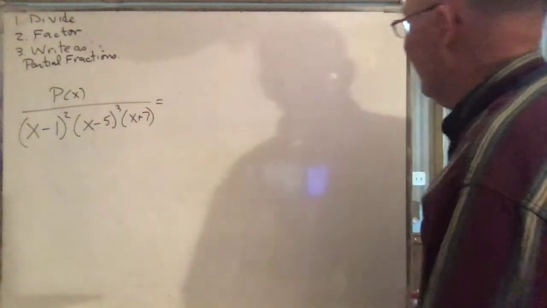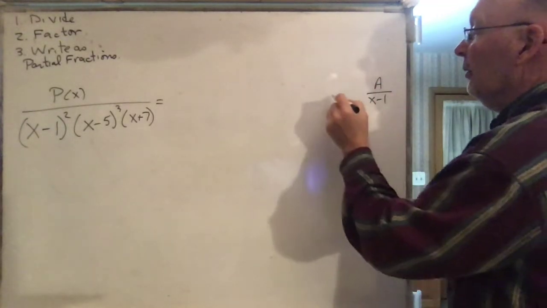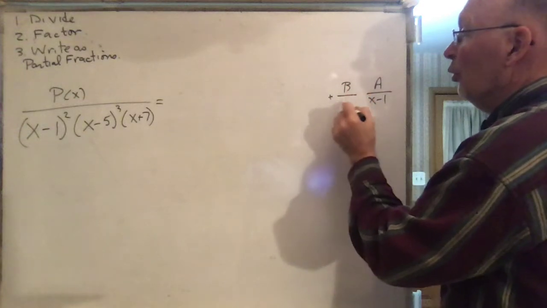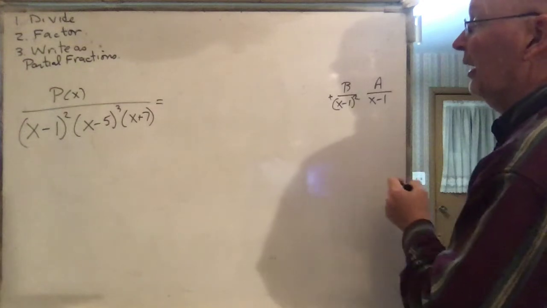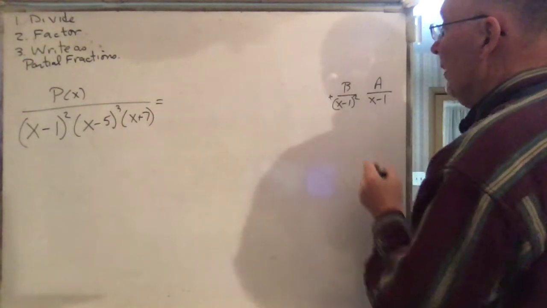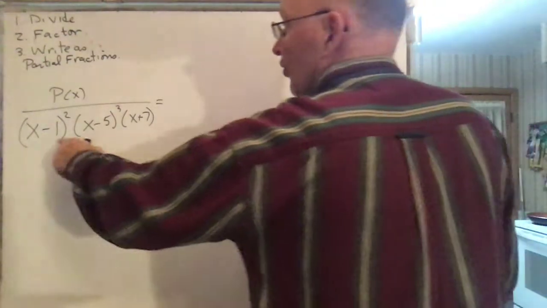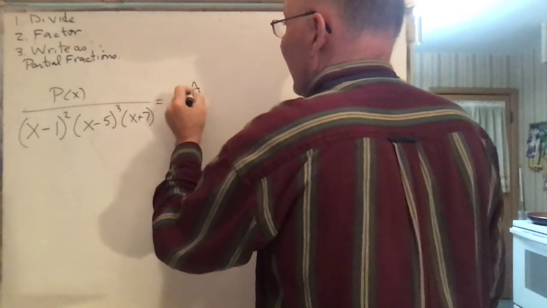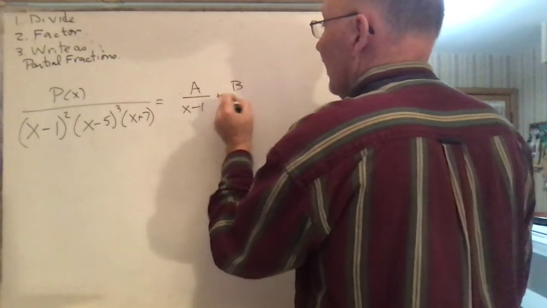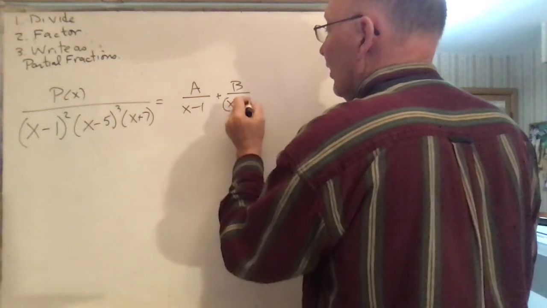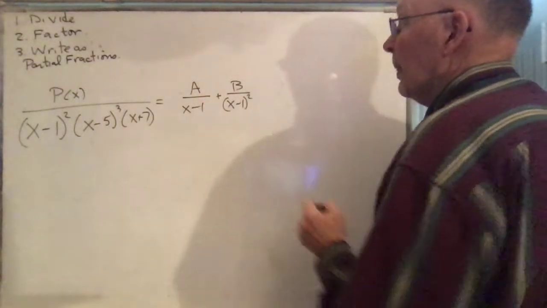You have to allow for the fact that over here you might have had something over x minus 1, plus something else over an x minus 1 squared, because if you add those together, you're going to get something with this as your denominator.